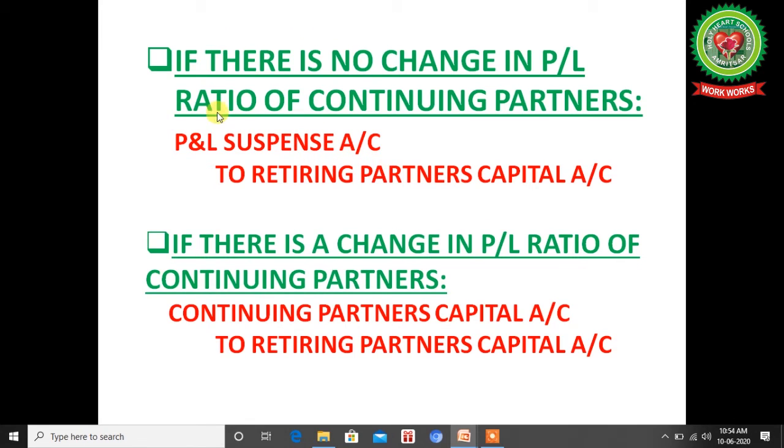So the rule applied is debit all expenses and losses, and to retiring partner's capital means credit the receiver. If there is a change in profit and loss ratio of the continuing partners, then the entry here is continuing partners' capital account to retiring partner's capital account: debit the receiver and credit the giver.